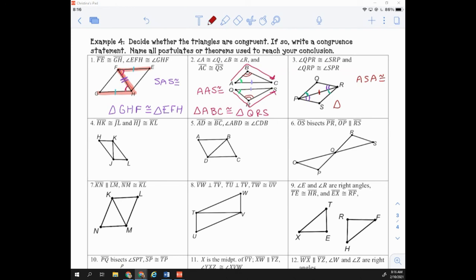And then if we go none to 1 to 2, we would do triangle QPR is congruent to triangle, none to 1 to 2, SRP. And we could have done any order. We just had to match it in the second triangle.